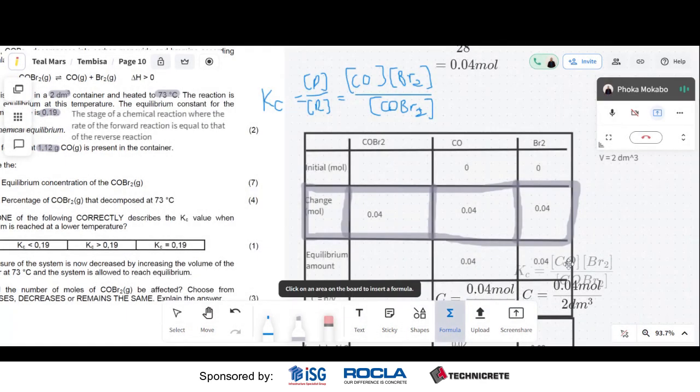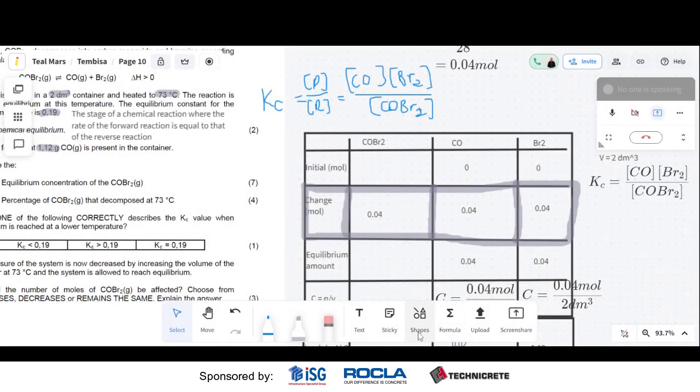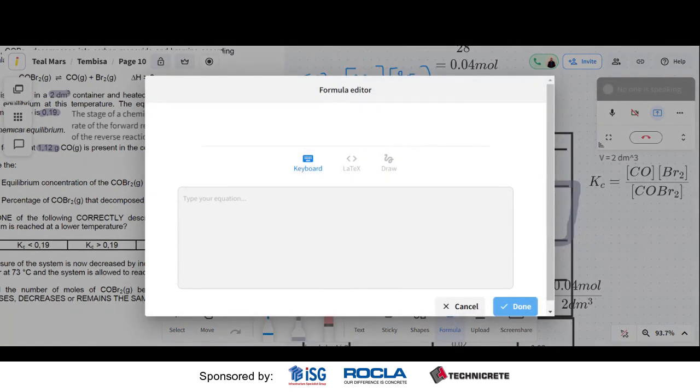That's what we have over here. And once you substitute in values, you have Kc, which is equal to 0.19, right? They gave that to us.